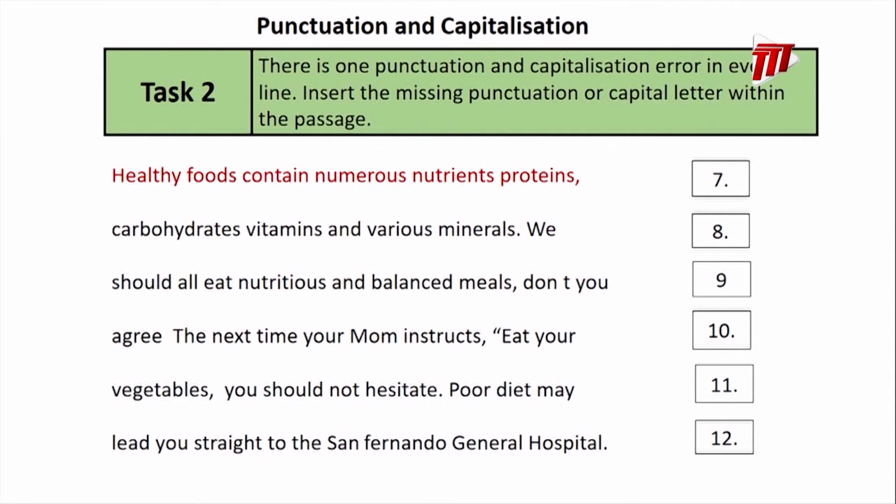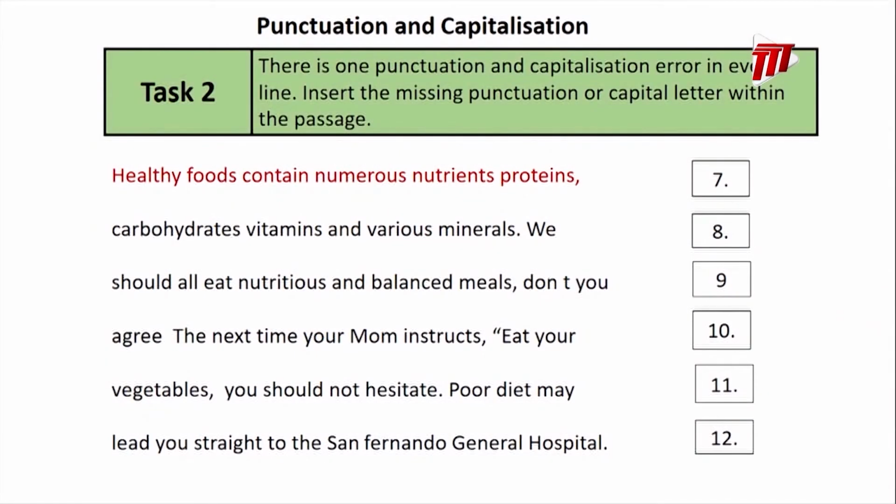Remember too, instructions are very, very important. The instructions tell you what to do, how to do it, and they really ask of you what is needed in the question. There is one punctuation and capitalization error in every line. Insert the missing punctuation or capital letter within the passage.